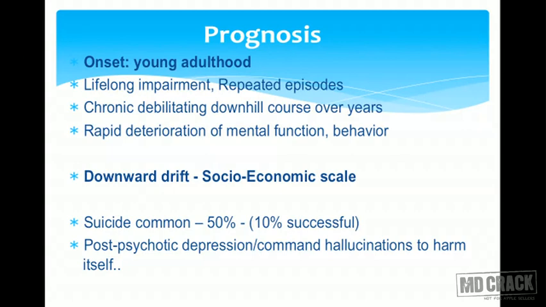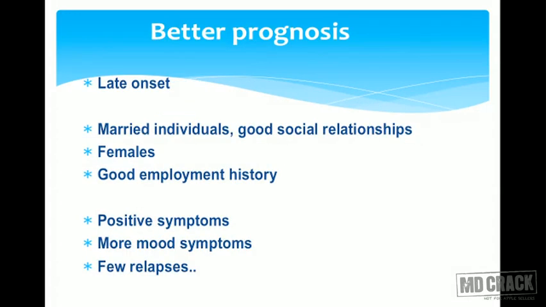Suicide is common in schizophrenic patients. It's almost 50%, and 10% of these patients may become successful. Post-psychotic depression might be seen in some patients, and there may be command hallucinations to harm himself or herself.